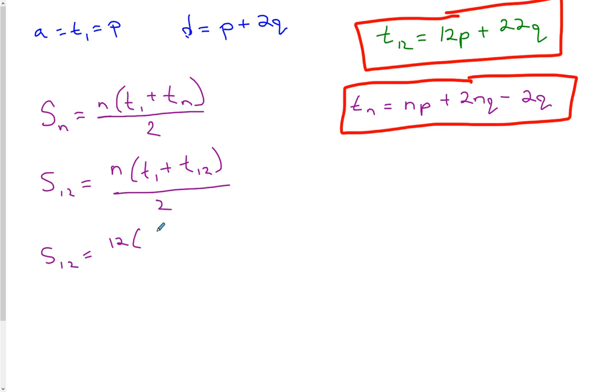Our first term is p. Our 12th term is 12p plus 22q. All that is divided by 2. Let's make our lives easier and turn the 12 divided by 2 into a 6.